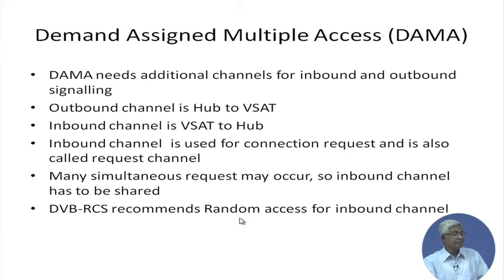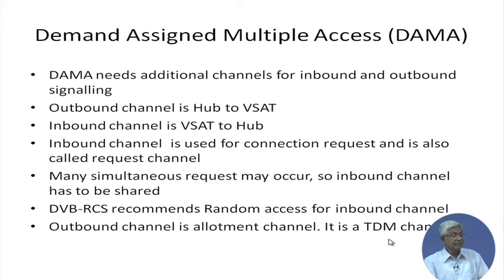Only sometimes some VSATs come, not all VSATs simultaneously ask for an allotment. That's why they use random access. They have other access methods also. One of them is random access for this inbound channel, and the outbound channel is TDM because it is allotted by the hub and meant for everybody to look into. So it's a TDM channel. And so this is the DAMA arrangement.